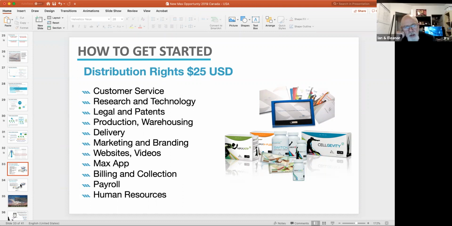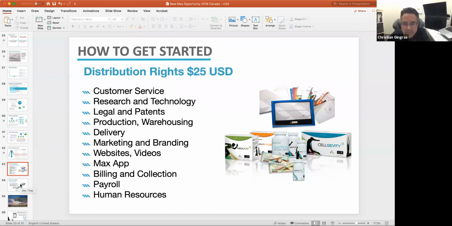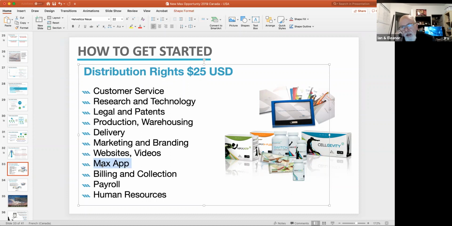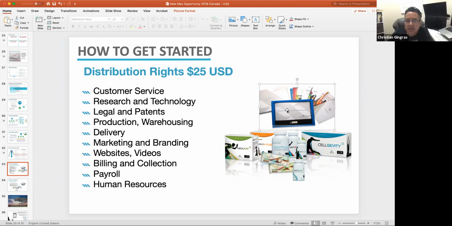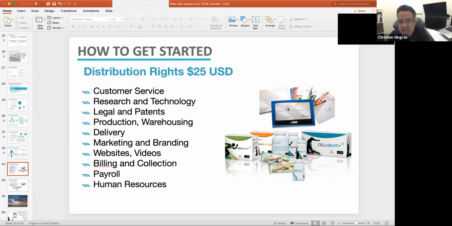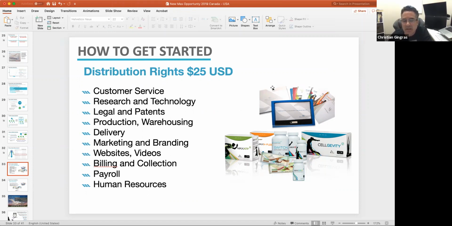Chris, is it possible to take the Max app off there? Because we really don't have that anymore. The Max what? The Max app. Oh, you're right, and maybe I even forgot to clean that up. And maybe even the baby blue up in the right there. Maybe put something else so it doesn't look like it's empty, because we do have a virtual office and everything is there, but that's a good point, Ian.